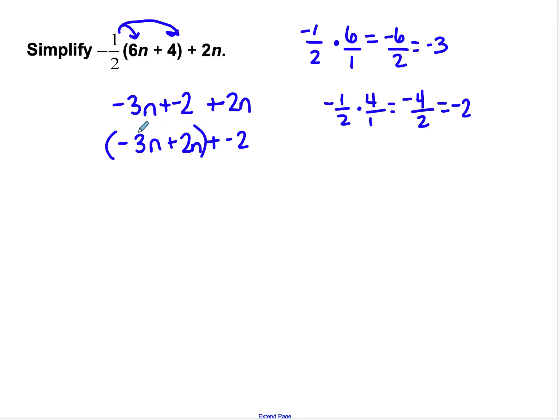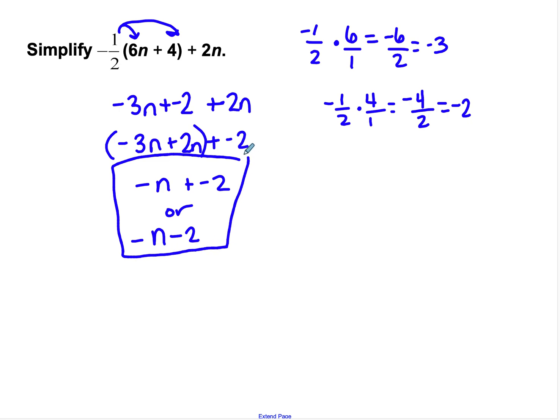Different signs, find the difference. 3 minus 2 is 1, so that's going to be negative 1n plus a negative 2. Or you could write it negative n minus 2. This will be how the book shows it. So that's my answer, either negative n plus negative 2 or negative n minus 2.